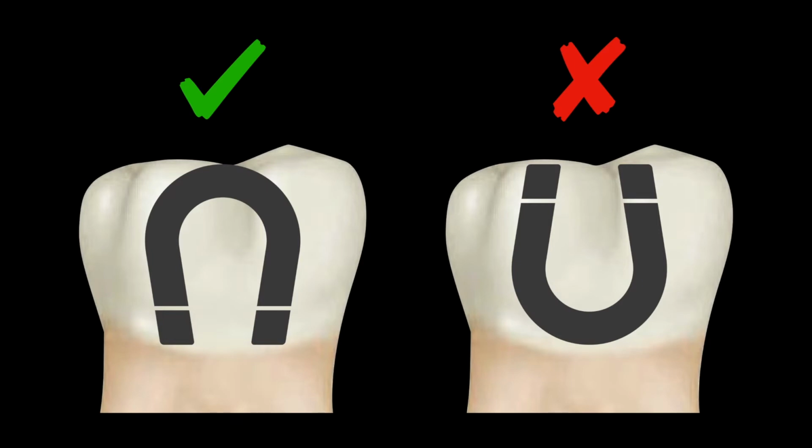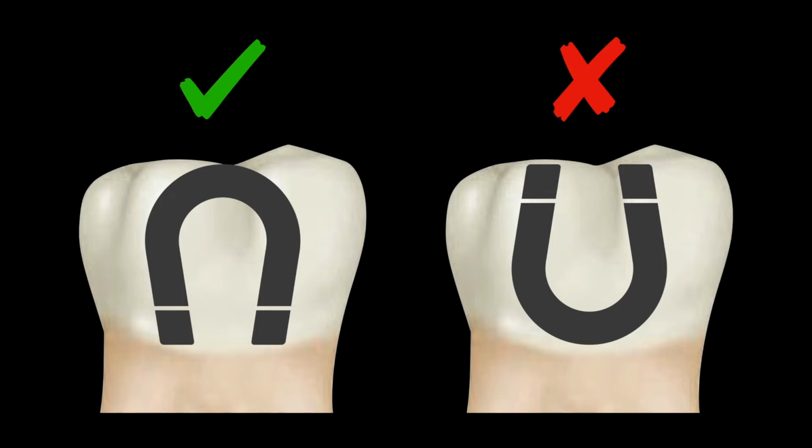Now, before I explain in more detail with a demonstration, one error that I have commonly seen is that the guiding post, the U configuration at the anterior part of the retainer, should always be facing cervically and not occlusally or incisally.